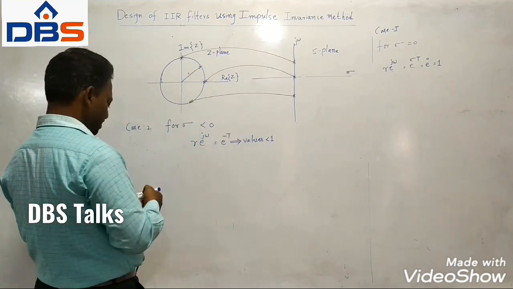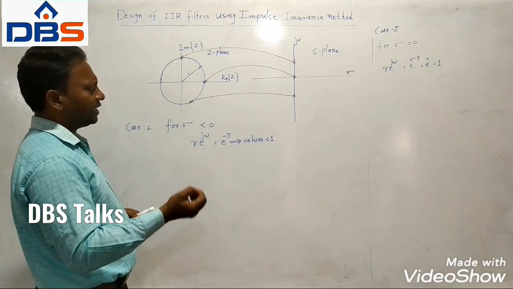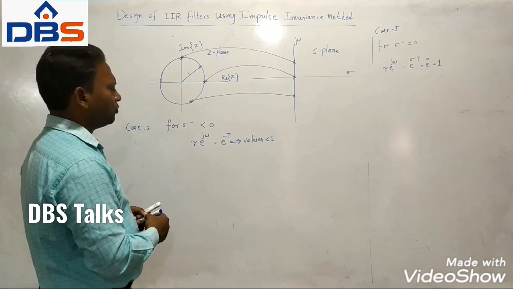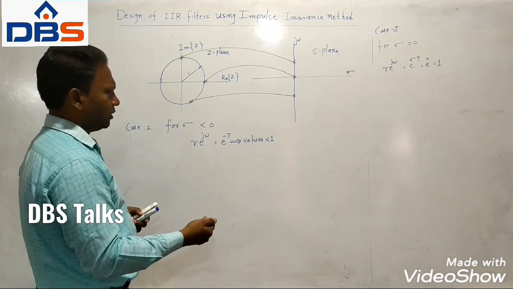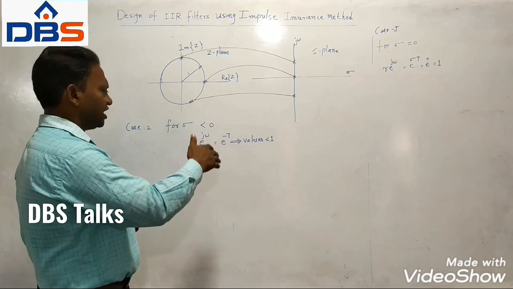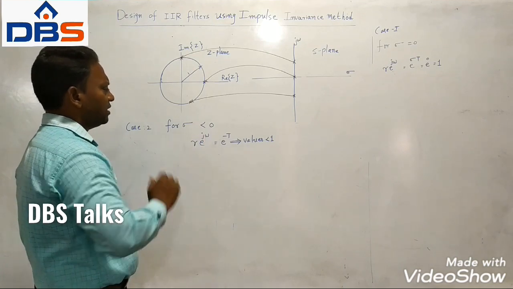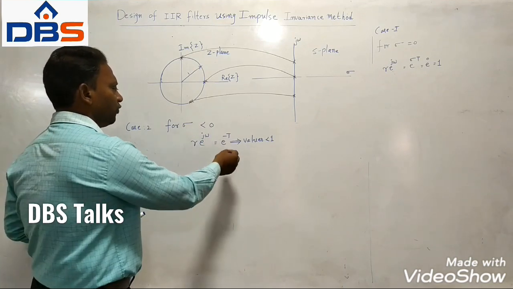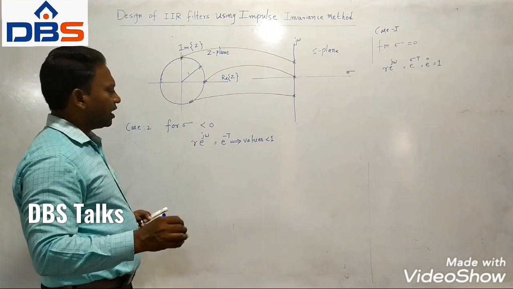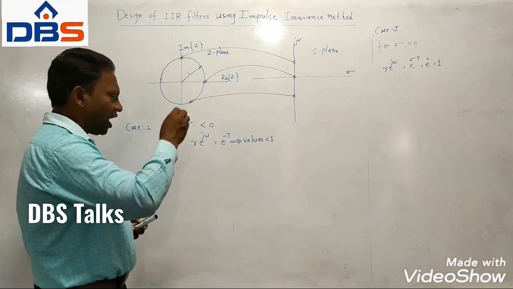Values of e power minus t, for any value of t, you will get less than 1. Suppose what we have assumed here is sigma is minus 1. Less than 0 means it can be minus 1 or minus 0.5 or minus 10. It can be any number. So therefore, r into e power j omega is equal to e power minus t, and that value is always less than 1.